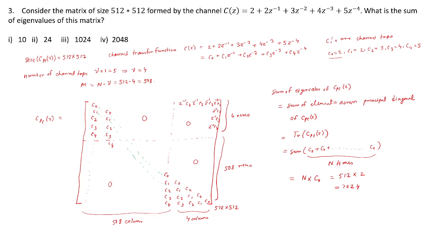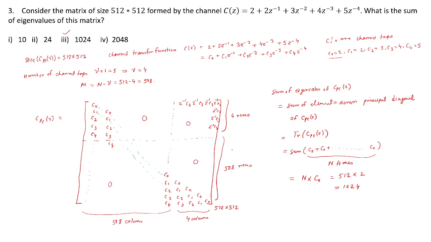Therefore using this algebraic property and the structure of this pseudo-circulant square matrix, it's pseudo-circulant, so it has to be square, and mentioning square is redundant here. Using this structure of CPC and the algebraic property, if we have an objective question, we can find the sum of the eigenvalues of this matrix in a few seconds, which comes out to be 1024.